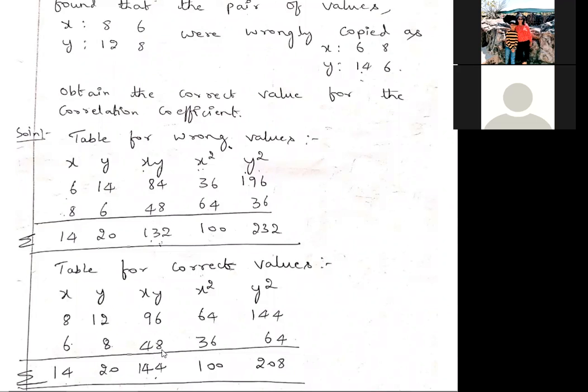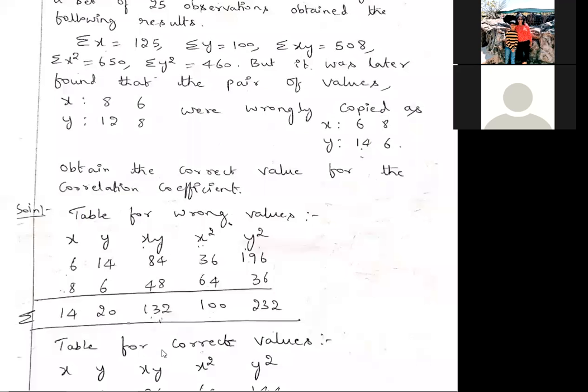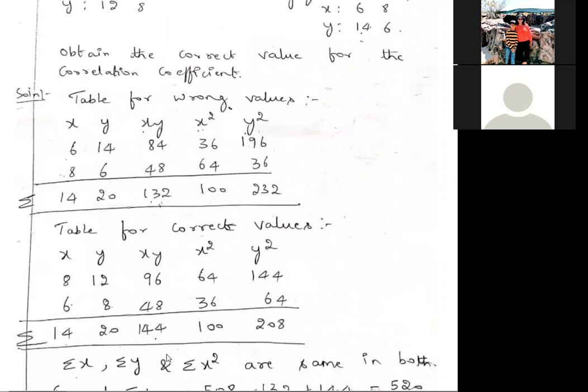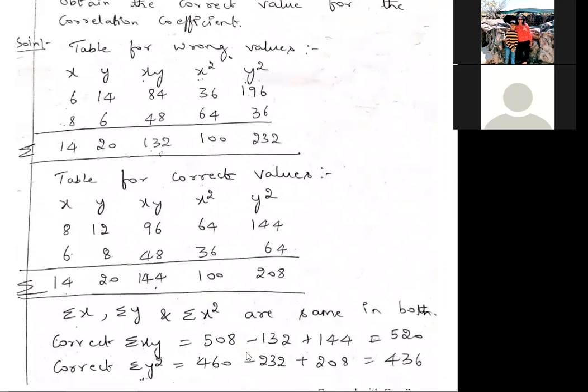Remove the wrong values, add the correct values. So summation xy will become 508 minus 132 plus 144, which is 520. So you're correcting the summation xy value.